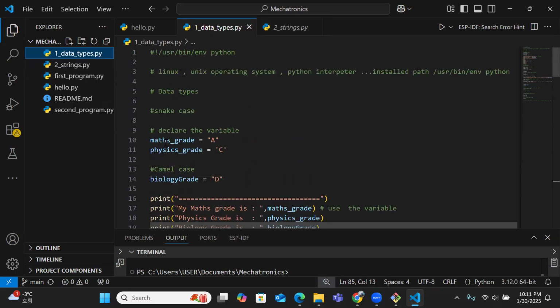Characters, you know, like if you say my maths grade is A, my physics grade is C, biology is D. I say the characters in programming are alphanumeric characters.